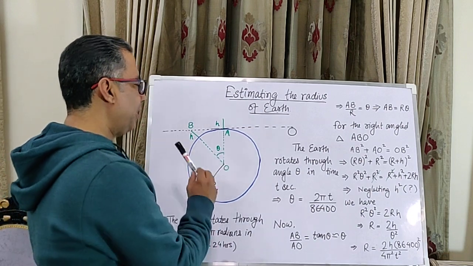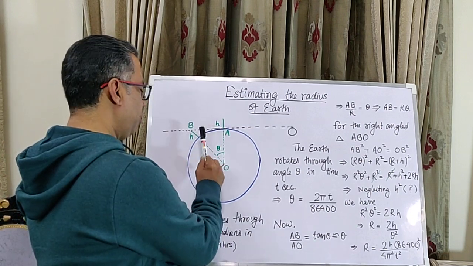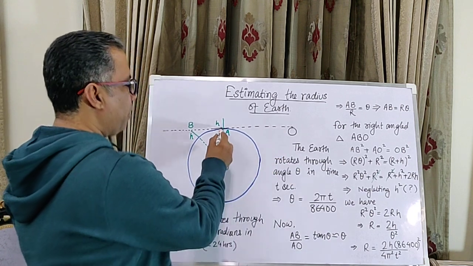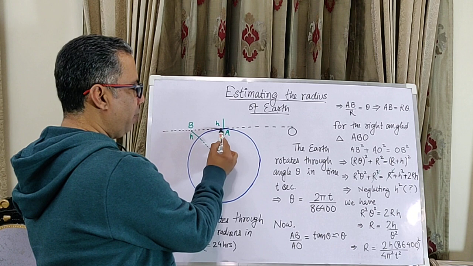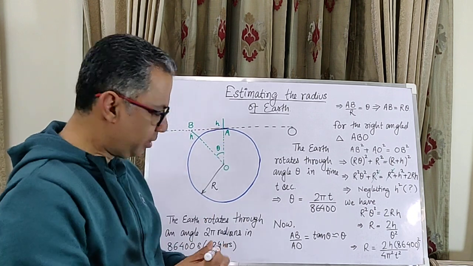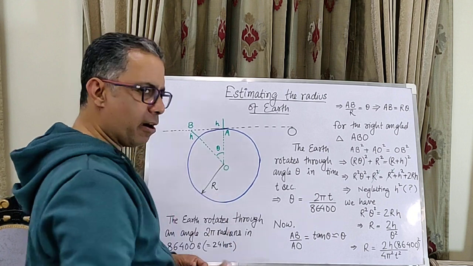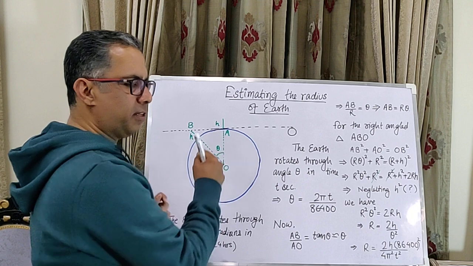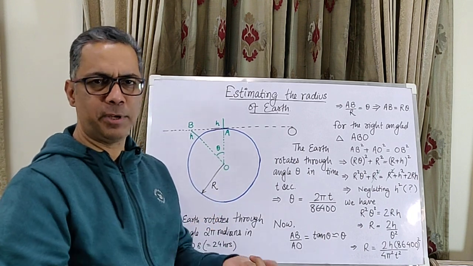If we are at point A and we draw a tangent here, we can only see points on the Earth which are very, very close to point A. And since the radius of the Earth is very, very large, we see a very tiny fraction of the surface, which then appears to be flat.